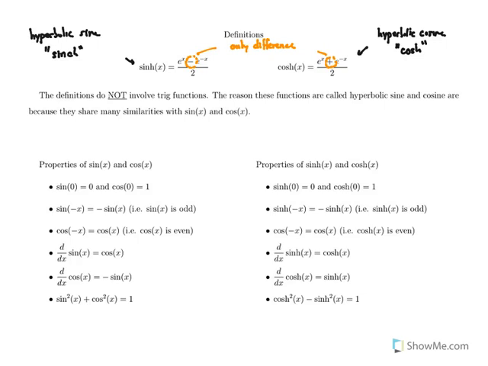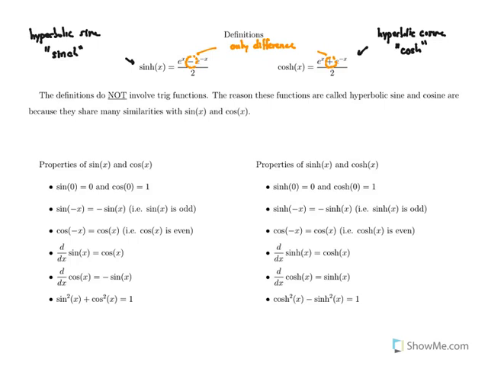Then we get into more complex things, more useful things. We have that sine is one of our examples of an odd function. That means that it is symmetric over the origin. And this means that sine of negative x is negative sine of x. And this is shared with sinh. It is an odd function symmetric over the origin.